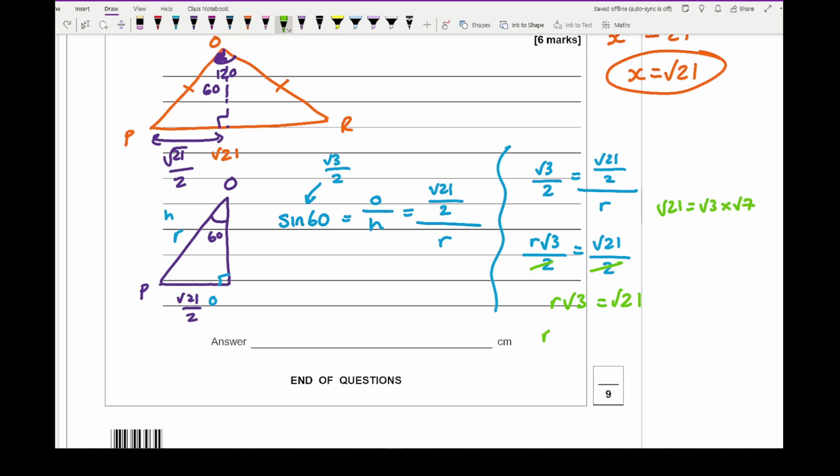So I can write this as R root 3, and that's going to be root 7 multiplied by root 3. So that means that R equals root 7. And so the radius of the circle is root 7. And there we go.